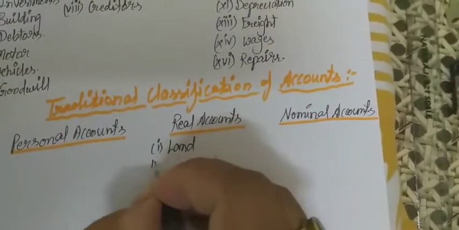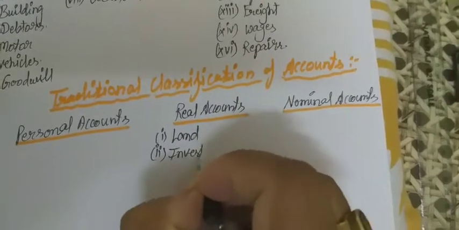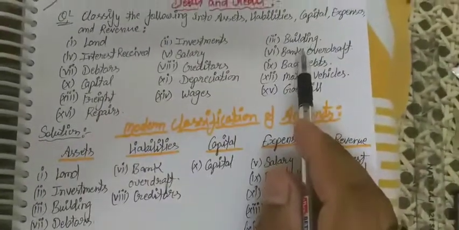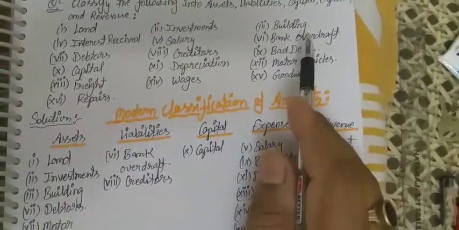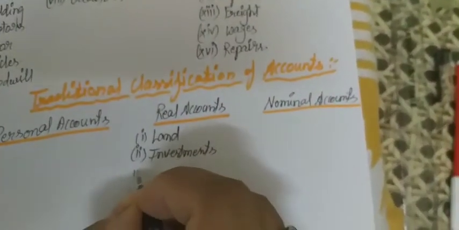So second, investments. Next one is building. Building is also an asset for the business, and if it is an asset, then it will come under the real account.